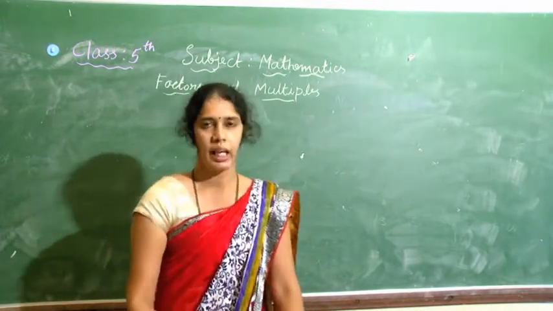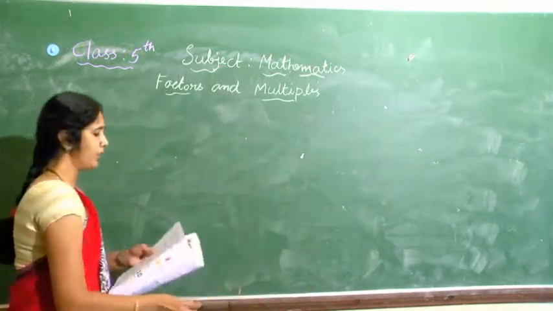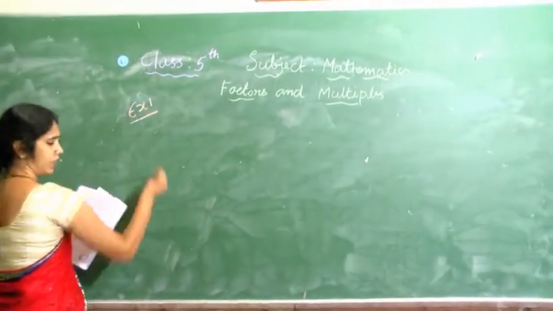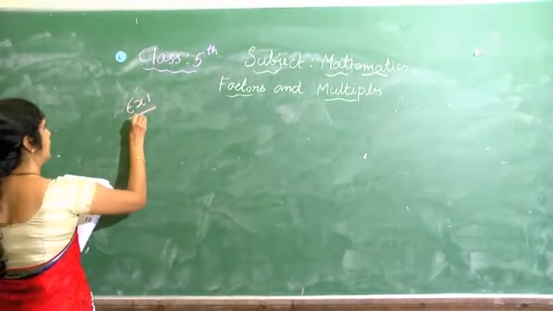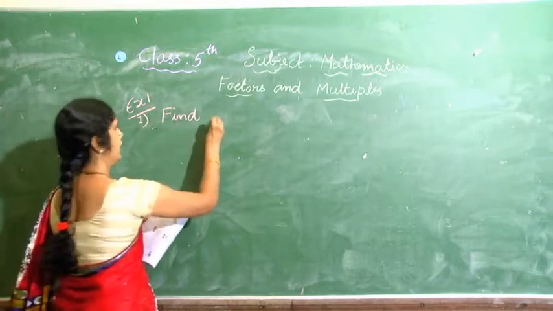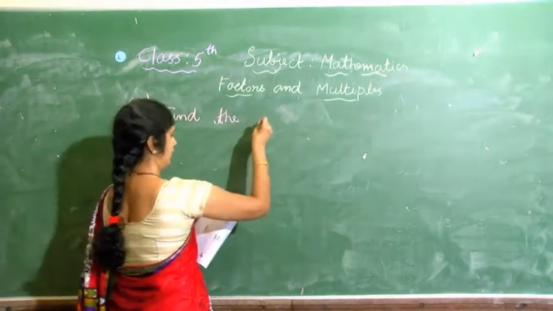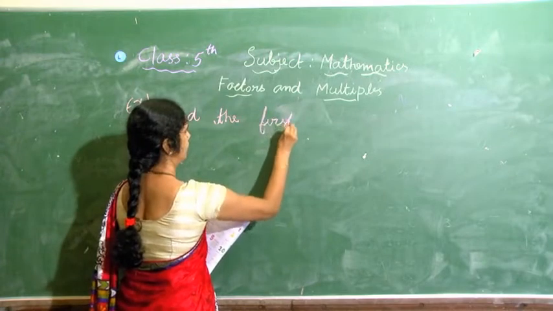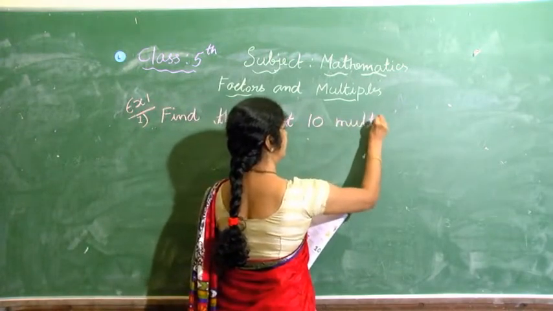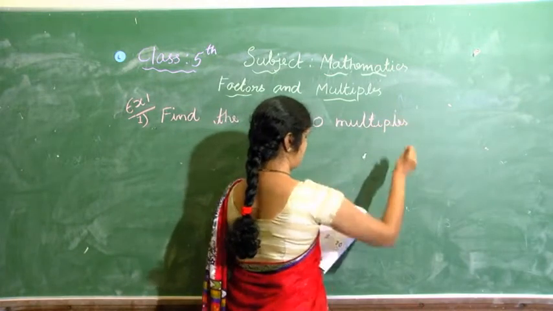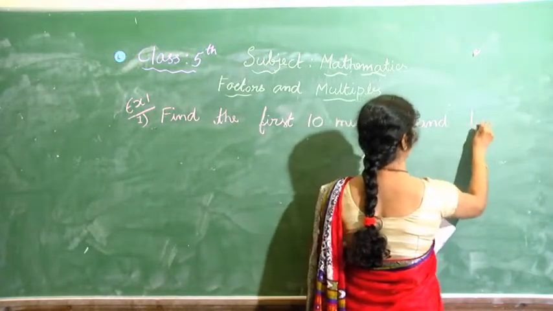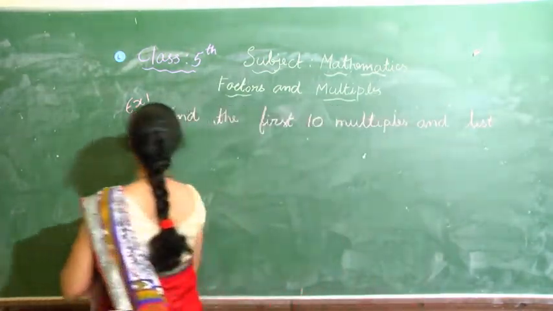Next is Exercise 1. Find the first 10 multiples of each of the following and list the common multiples.